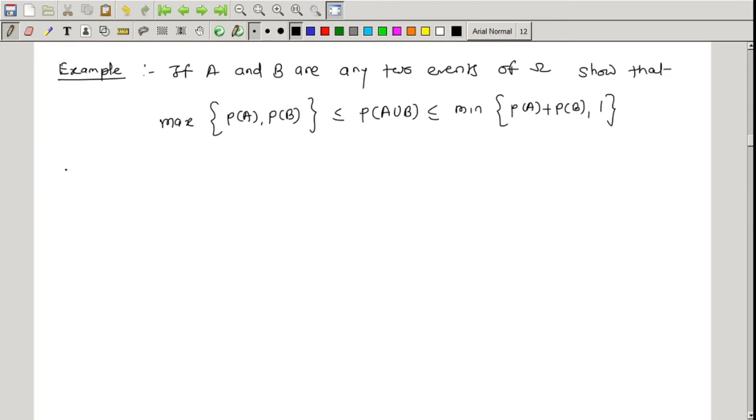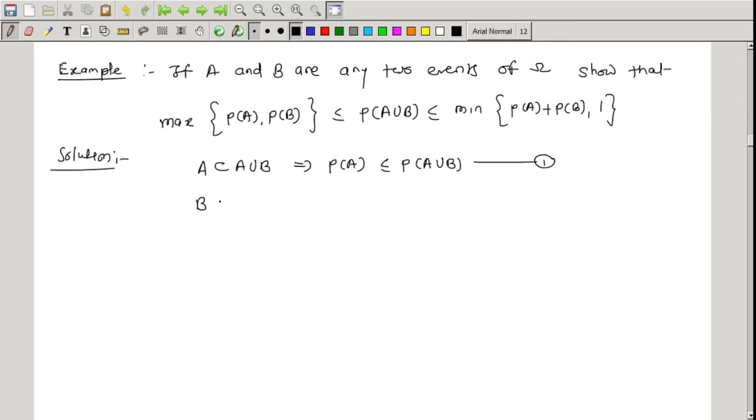So to prove this, we start with A and B. We know A is always a subset of A union B, and if I apply probability, probability of A is always less than or equal to probability of A union B. This is my equation number 1.